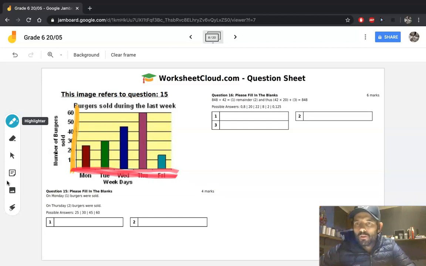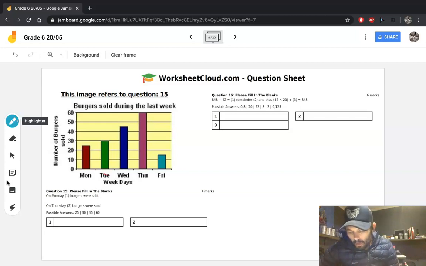So the first question is, on Monday, how many burgers were sold? We can see that on Monday, it's more than 20 and less than 30. So if we look at the possible answer list, you can see that the only option there is going to be 25, the first option.